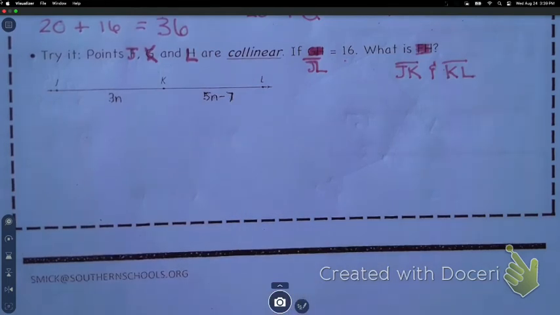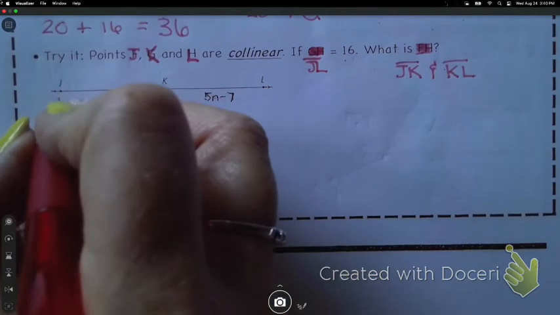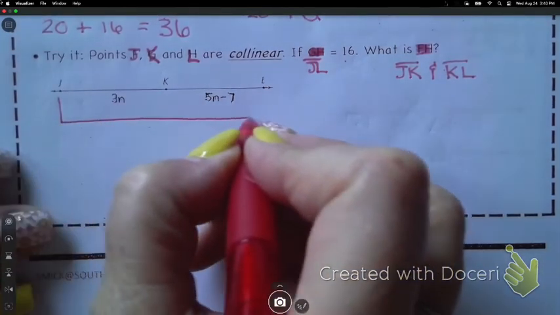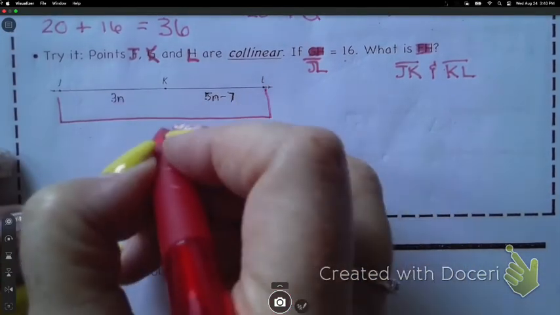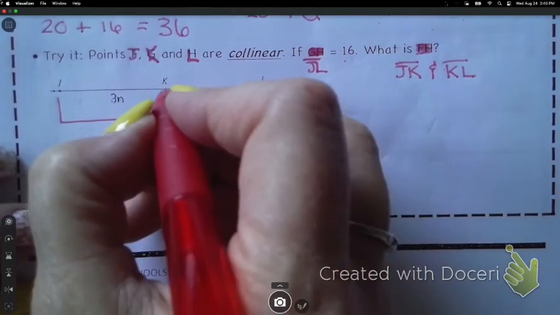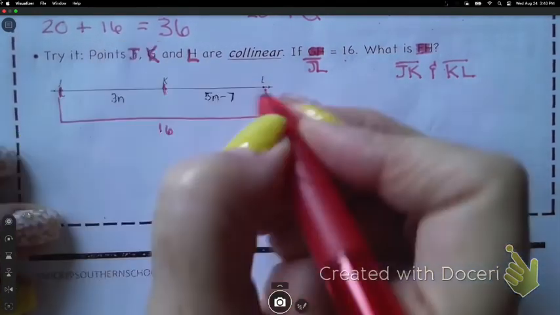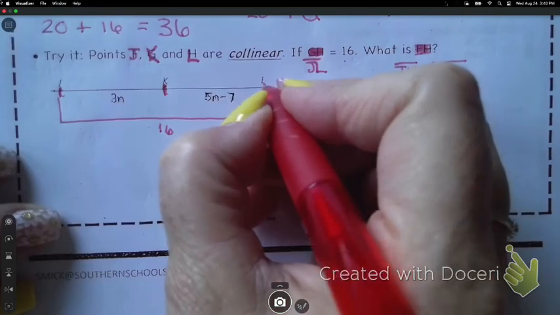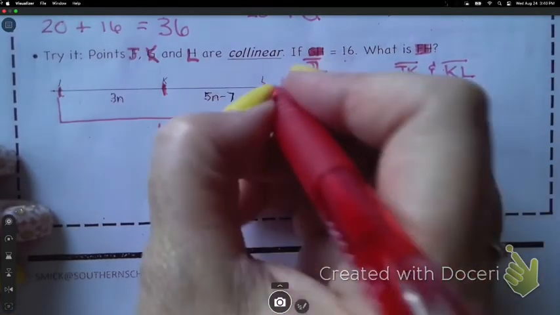What also equals 16? Looking at your picture. Because the whole thing is 16, right? And I want to find from here to here and from here to here. How am I going to do that?